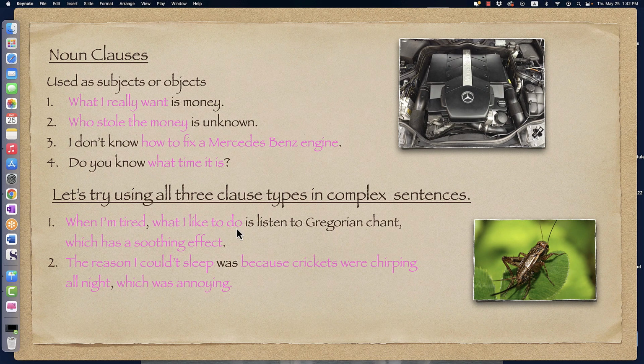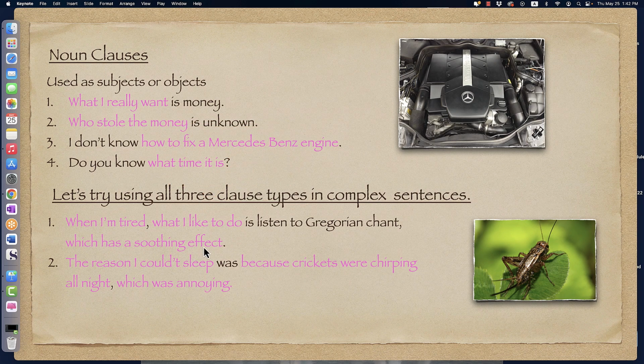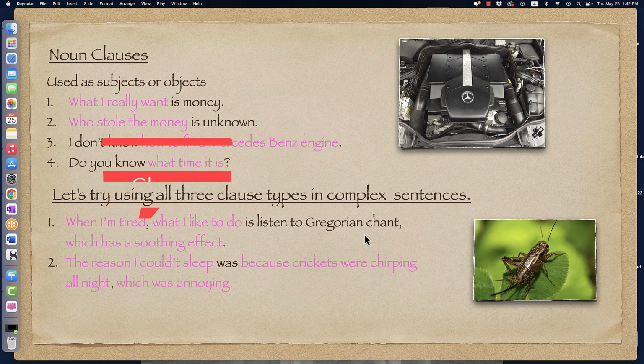"What I like to do" is what? Correct, it's a noun clause. And then "which has a soothing effect" is an adjective clause. And the "which" here is relating to Gregorian chant. Okay? So "when I am tired, what I like to do is," here's the main verb, "is listen to Gregorian chant, which has a soothing effect."